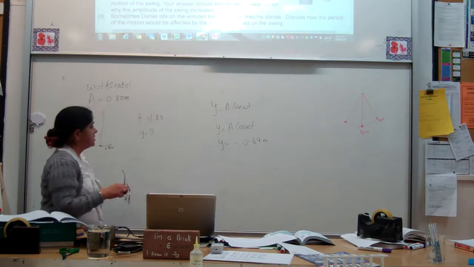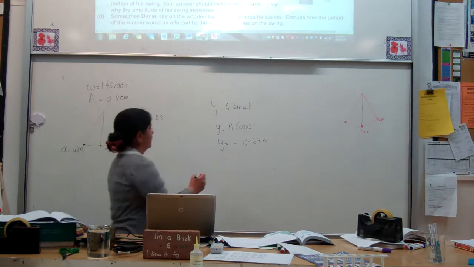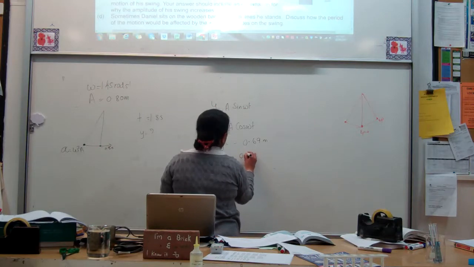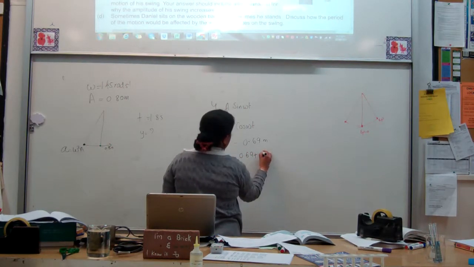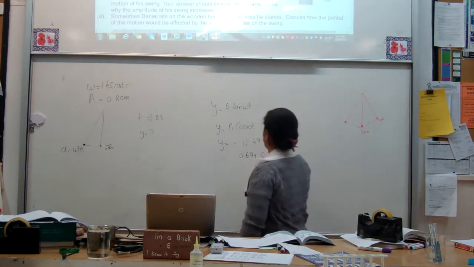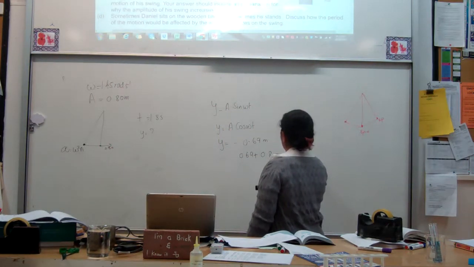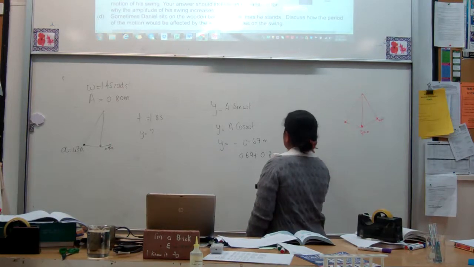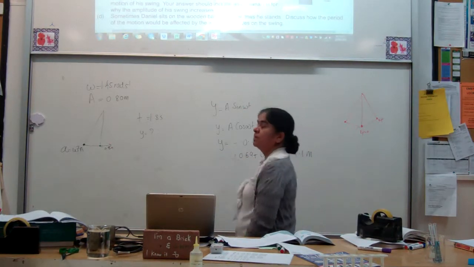And how much is the answer then? So you will have 0.69 plus 0.8, and that gives you the answer 1.49 meters, and that's the correct distance.